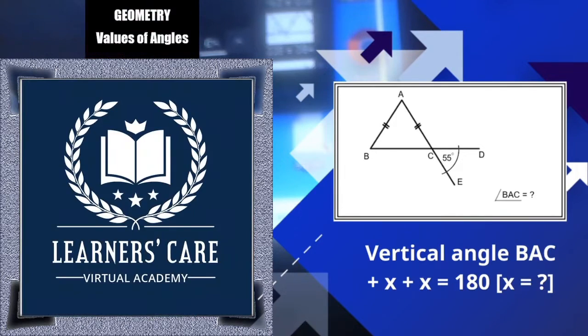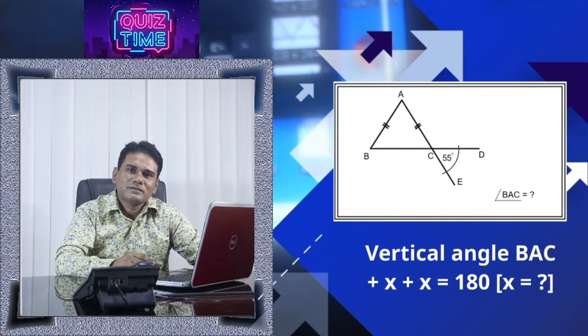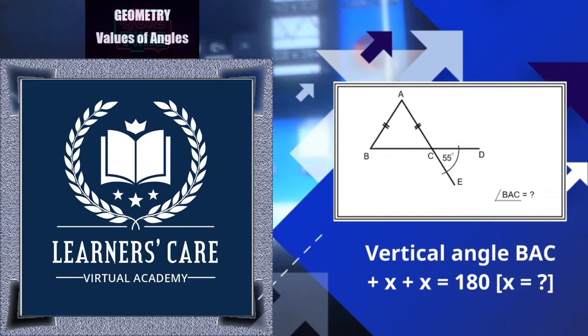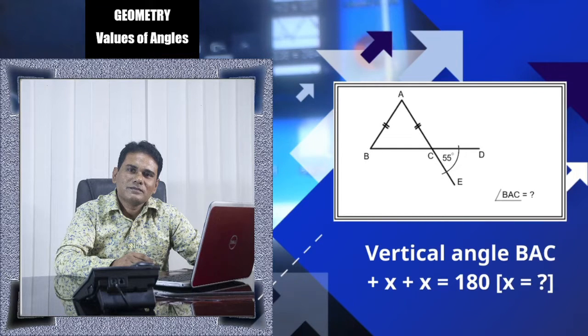from the diagrams. In the first diagram here, you have to find out the value of the angle BAC. There is an indication in the diagram that AB is equal to AC.